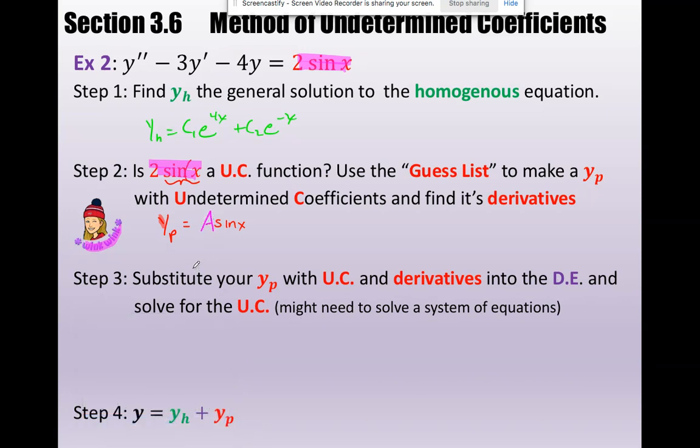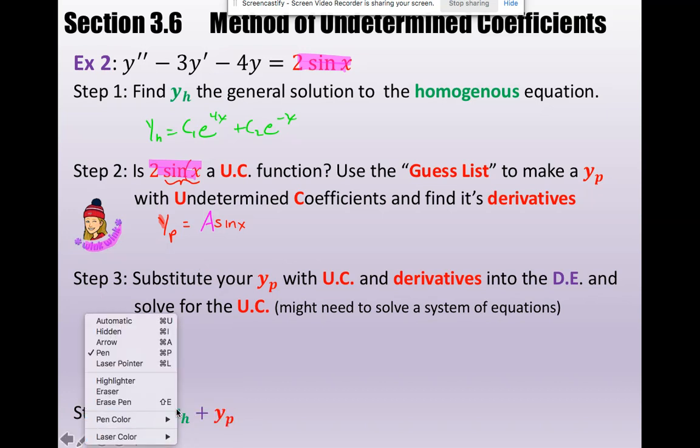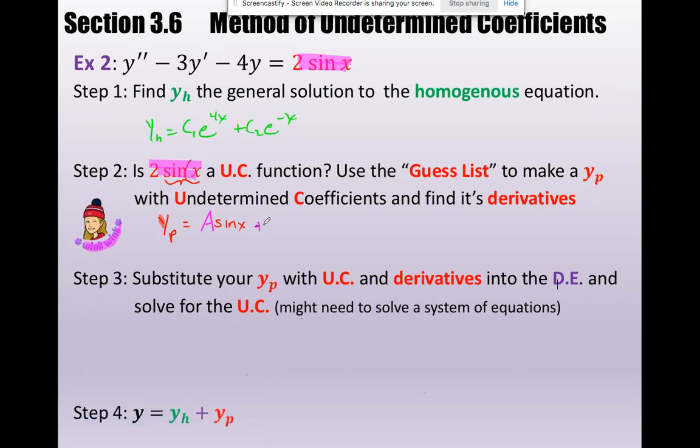However, stop, wait, wait, wait. Go back to what we were doing. You have an original, its derivative, its second derivative, constant multiples, -3 and -4, and then combine them. And you ended up with 2 sine x.